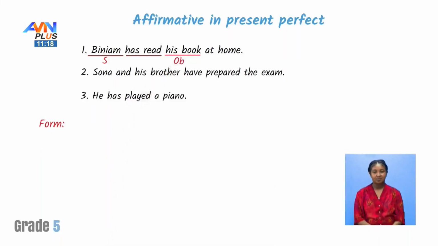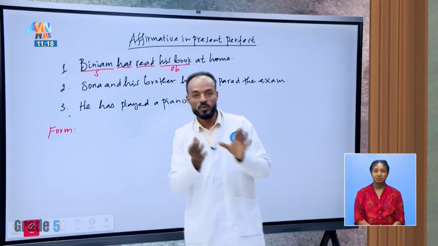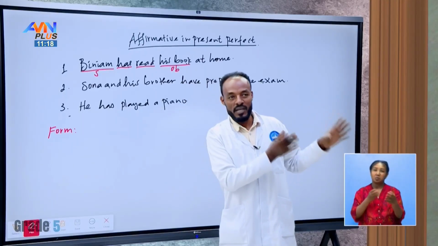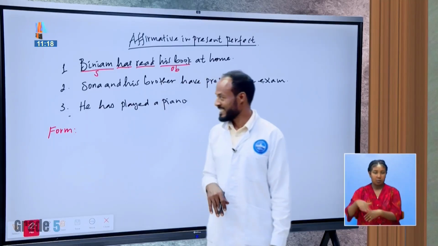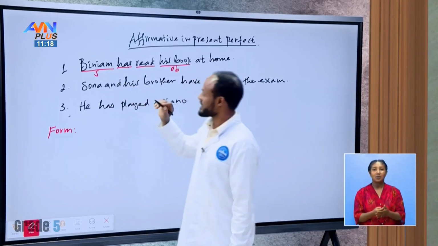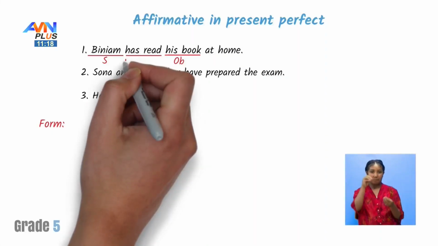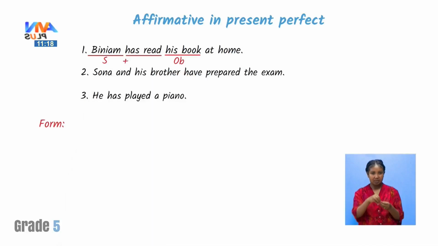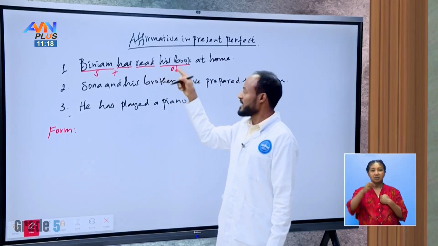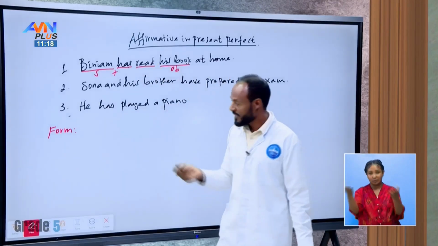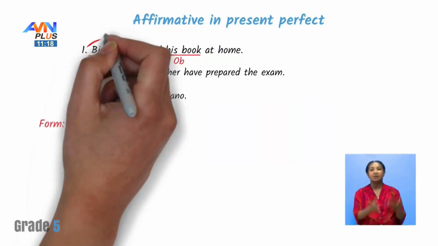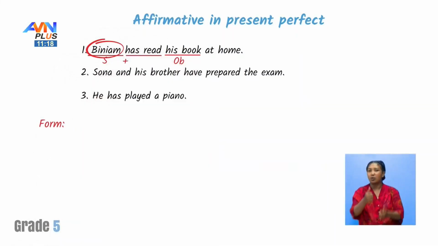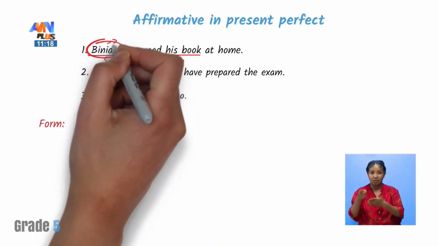This one is the complement, something which we use to make the sentence complete. So, subject plus has read plus object. Is the subject singular or plural? Yes, this one is singular.